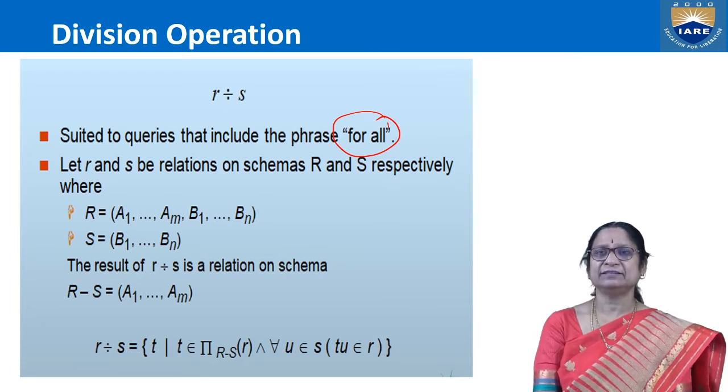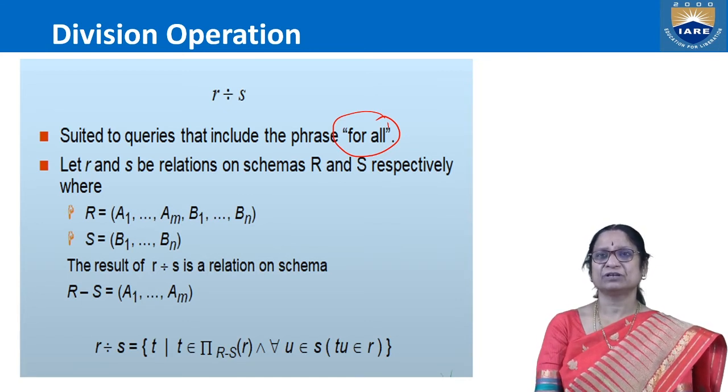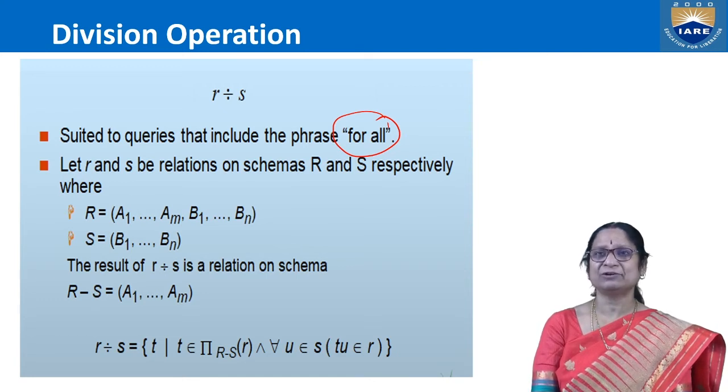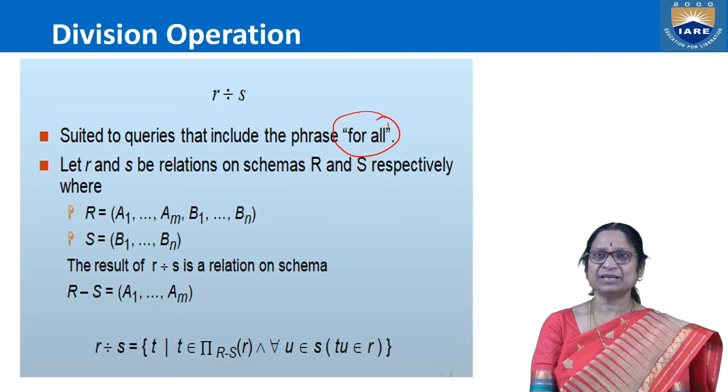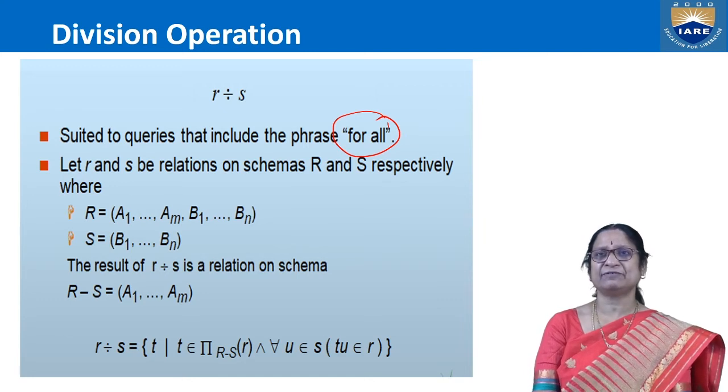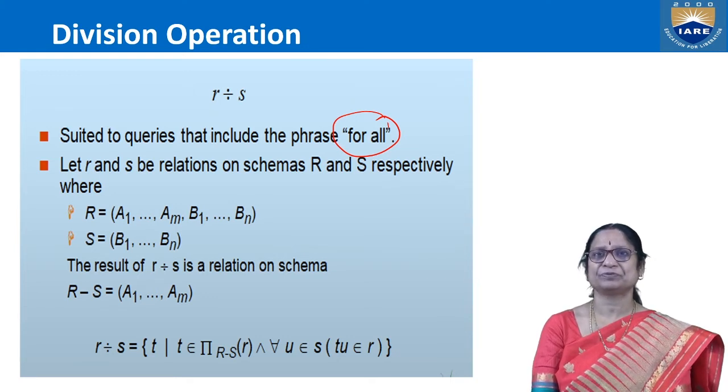There we can use this division operation. Without the division operation, writing such a query is a little bit complex, tedious in the initial stages, and hard to understand. So wherever a for all option is there in our query, better to use this division operation, which will simplify the process.